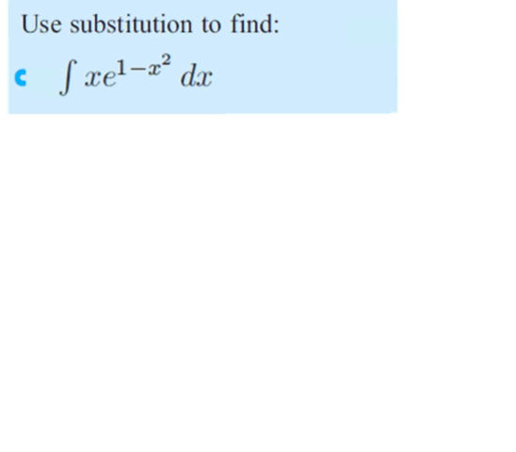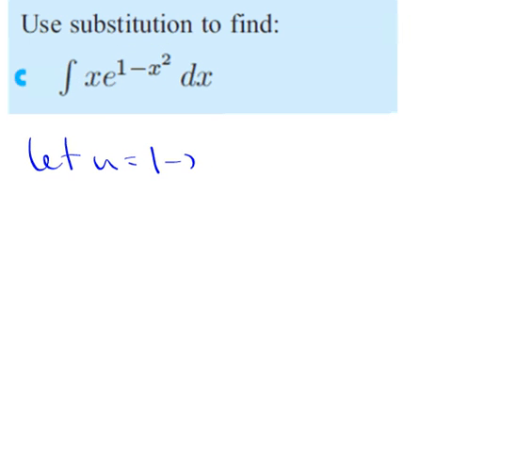Our third example. We've got two possibilities for u, either this term here, the x, or this term here. Now, we should choose the term that is larger, and that would mean 1 take x squared will be our value of u.